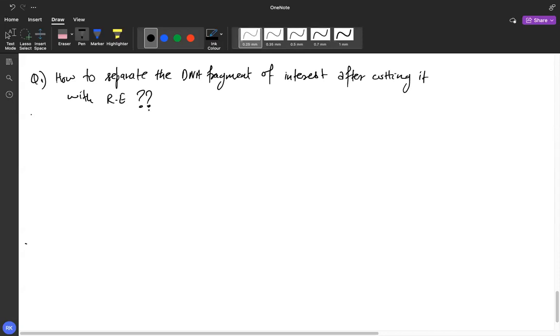But something like you said, we have to isolate them on the basis of size only, size of the fragment, right? For that, a very interesting process has been discovered and developed called gel electrophoresis. This is the answer.